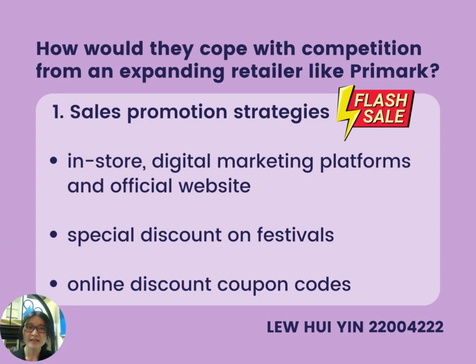They can also increase their sales by offering online discount coupon codes. For instance, 40% off can be provided for customers that purchase via their official website, social media, and e-commerce platforms, as most of them are more likely to purchase online.